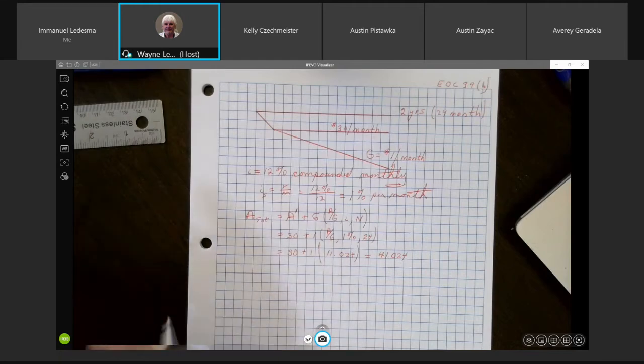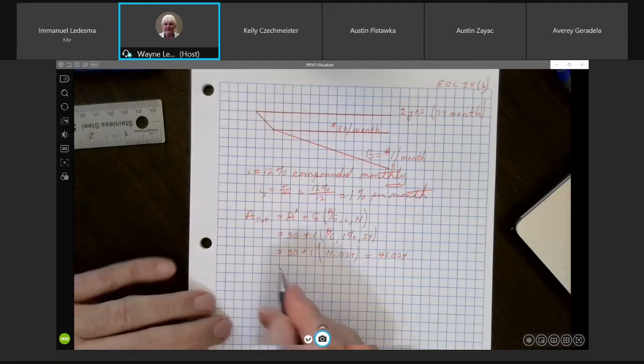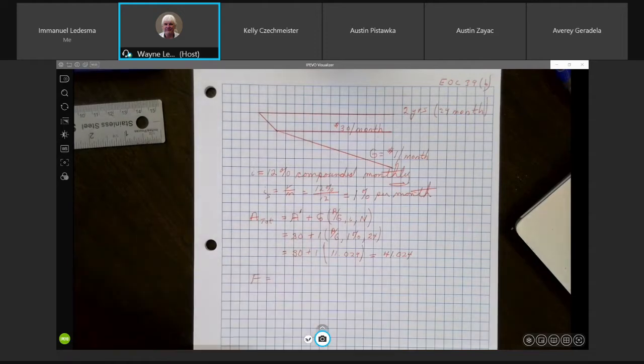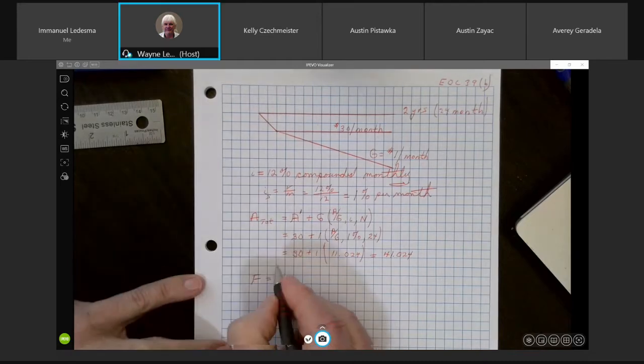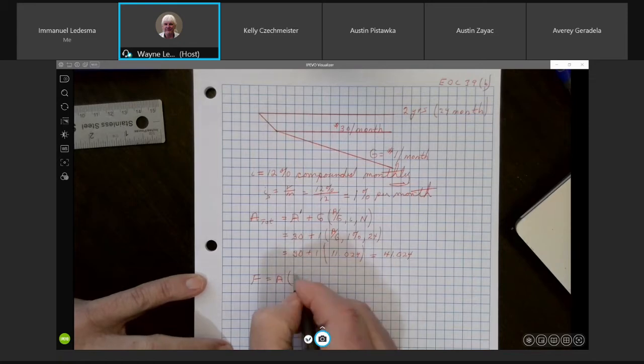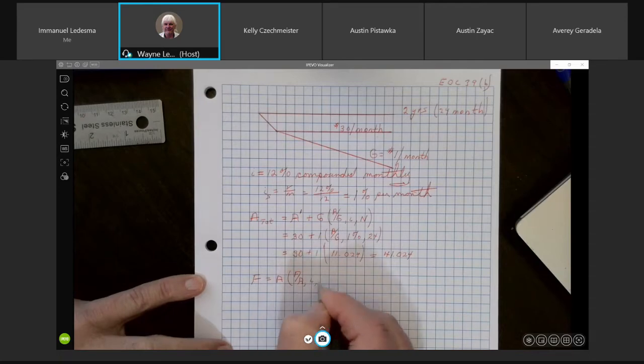And what do we have? Well, we're looking for a future value. And what we have is an annuity. So the annuity here, just like part A, now different numbers, just like part A, what is F, future value, if we know the annuity, I, and N?